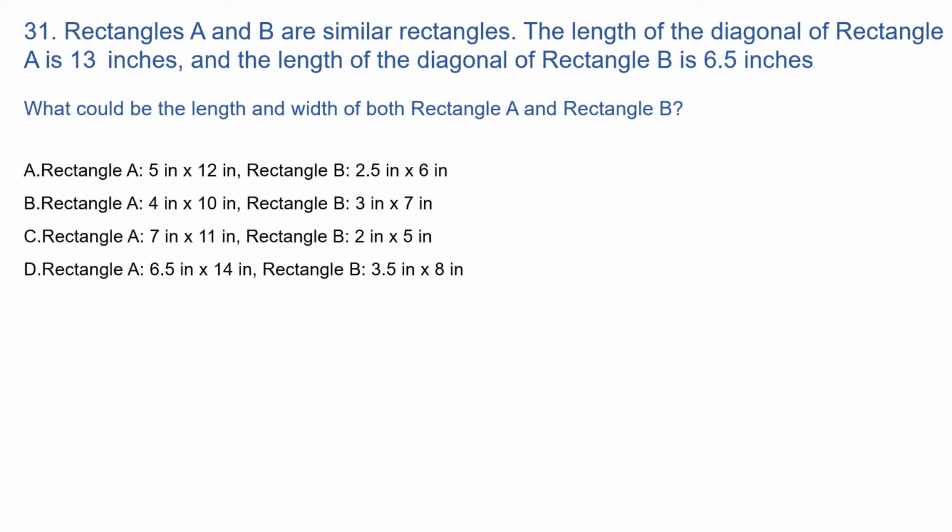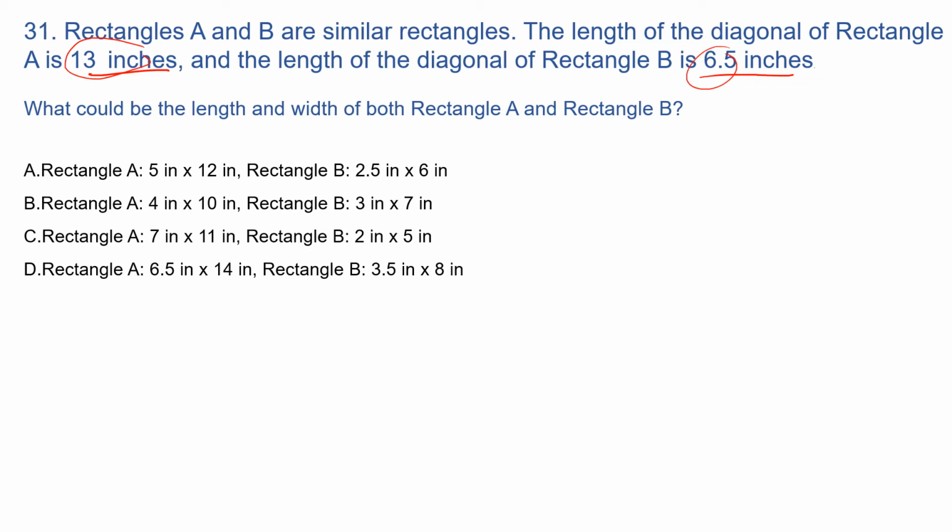Let's take a look at number 31. It says rectangles A and B are similar rectangles, so meaning their sides are proportional. The length of the diagonal of rectangle A is 13 inches, and the length of the diagonal of rectangle B is 6.5 inches. What could be the length and width of both rectangle A and rectangle B? So if we look at their relationship, the diagonal, we go from 13 to 6.5.